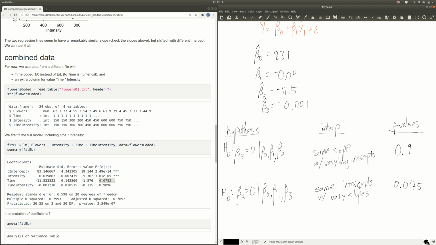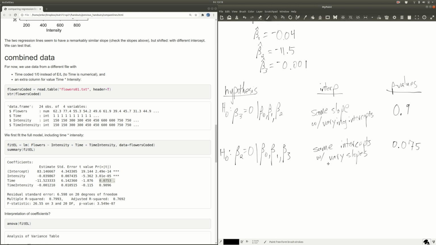Now, what's notable though is that we're testing whether the intercepts are the same while allowing the slopes to differ, right? But we don't have reason to think that the slopes really differ. So can we test the hypothesis, do these have the same intercepts with not varying slopes, or with having slopes that are the same?